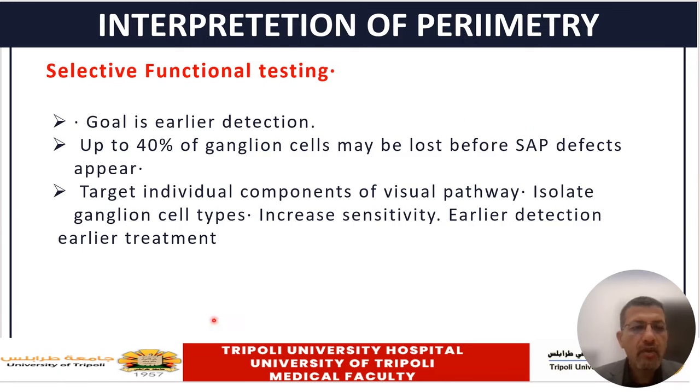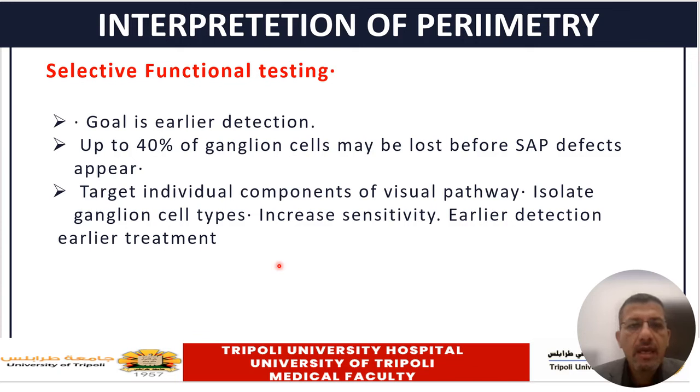Now there is a new concept of selective functional testing. As you know, in standard automated perimetry, the assessment of the retinal function is done globally without targeting specific types of ganglion cells.